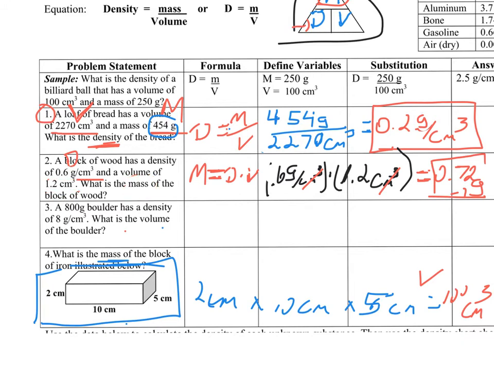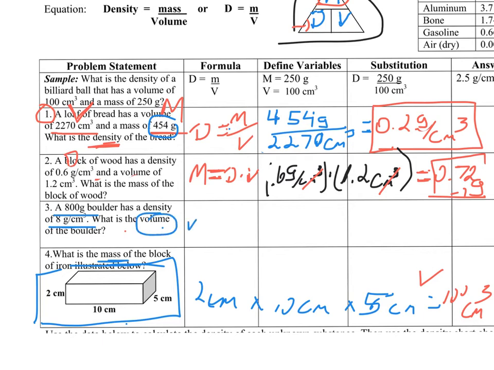Okay. Let's go to number 3. Now here they're giving you 800 grams, and they're giving you a density of 8 grams per centimeter cubed. So they're looking for volume.